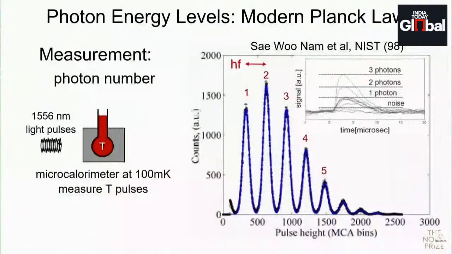Okay, now I want to talk about energy level quantization. And this slide is for the new students who are learning about quantum mechanics. In quantum mechanics, it was first discovered through the Planck radiation law of the infrared spectrum.